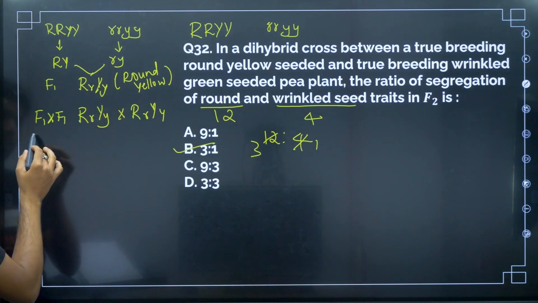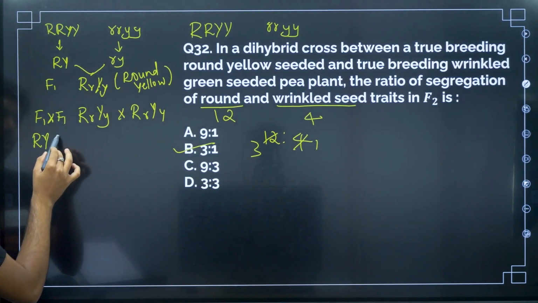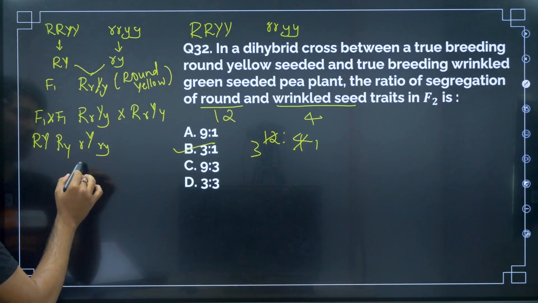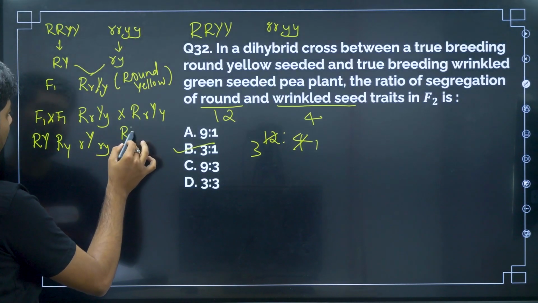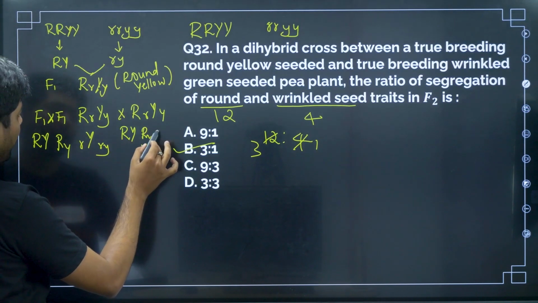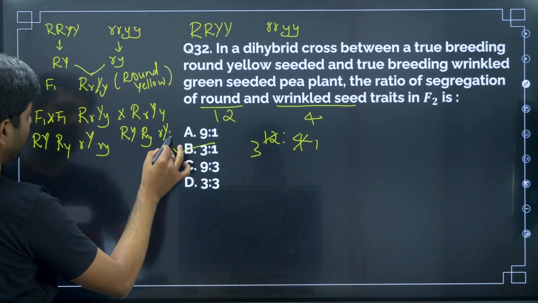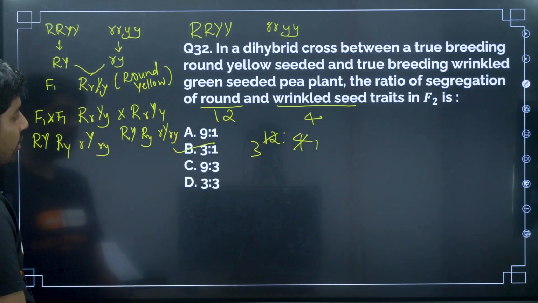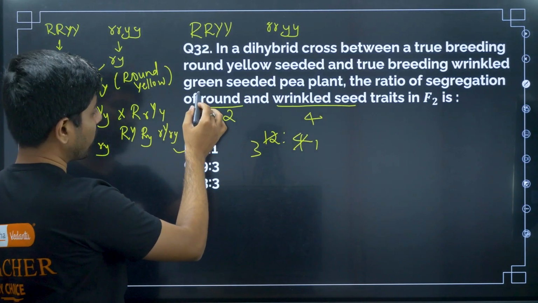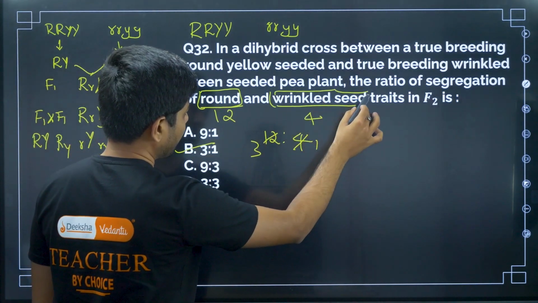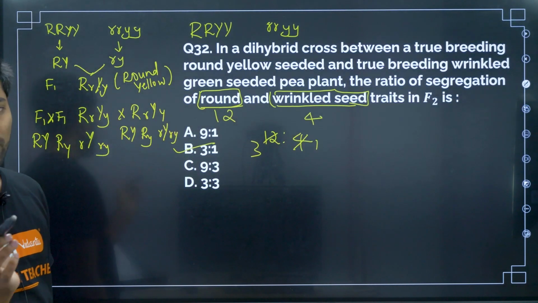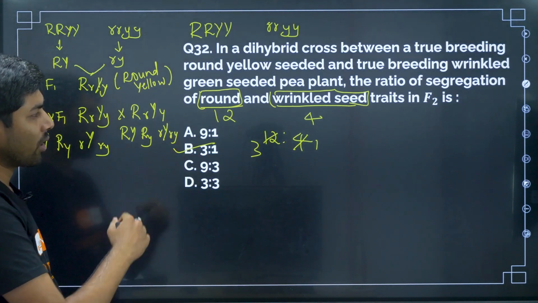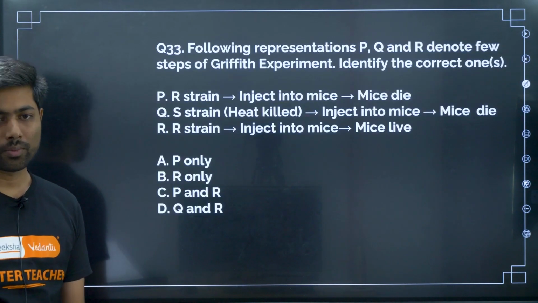Each one will produce 4 types of gametes: RY, Ry, rY, ry. Now if you do the entire checkerboard, you will get 12 round and 4 wrinkled. Simply pick the NCERT and look at the checkerboard of the dihybrid cross, and you will be able to see that 12 are round and 4 are wrinkled.